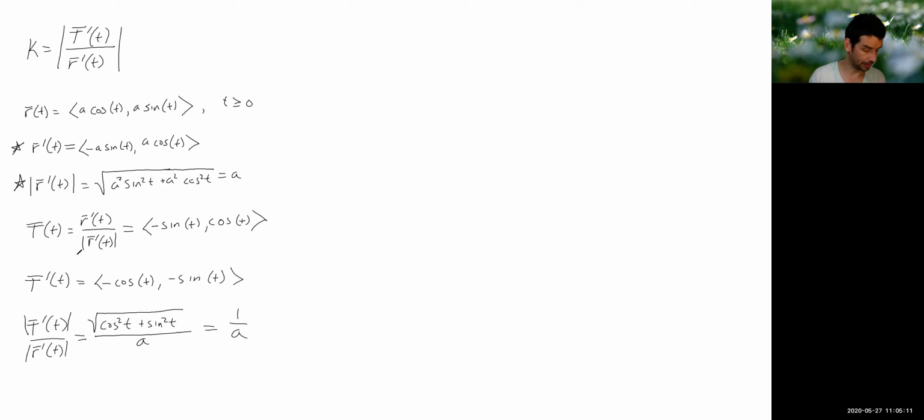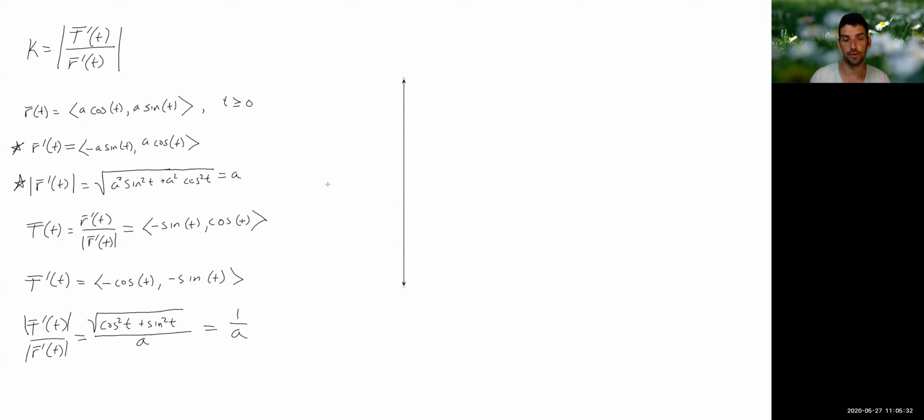We have to go through all these steps, pick up all these pieces. None of them are particularly hard, but it can get a bit ugly in taking these derivatives and divisions and so forth. But this particular example gives us a nice understanding of what this curvature stuff tells us.